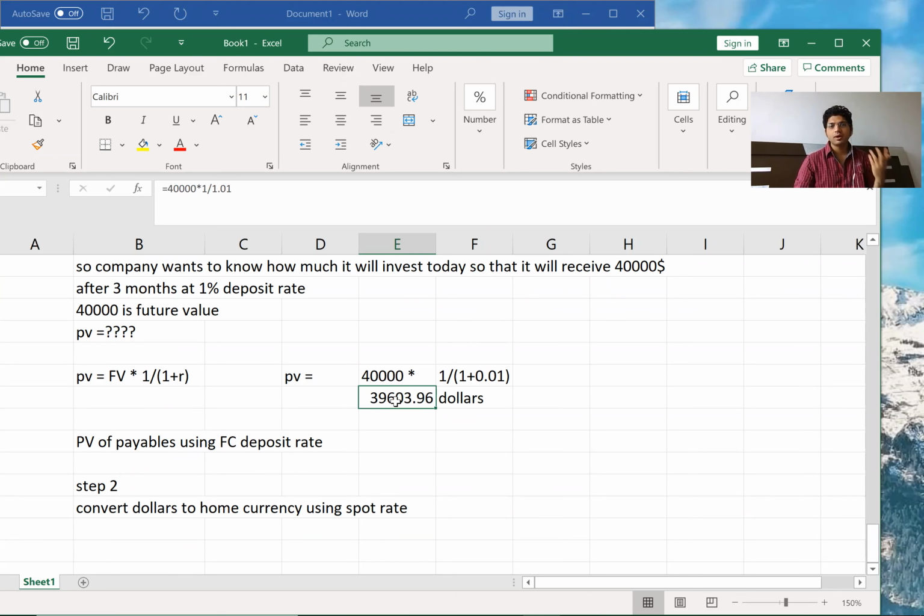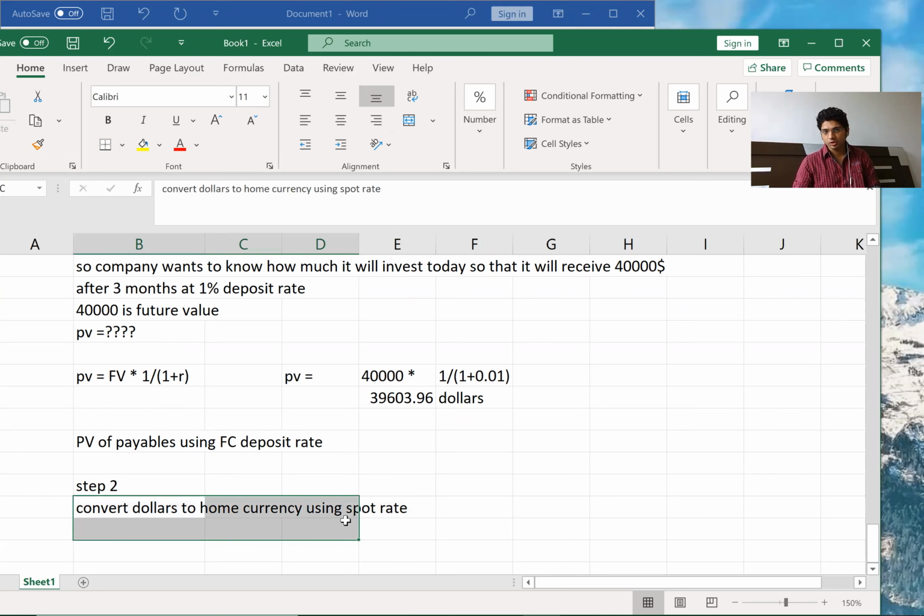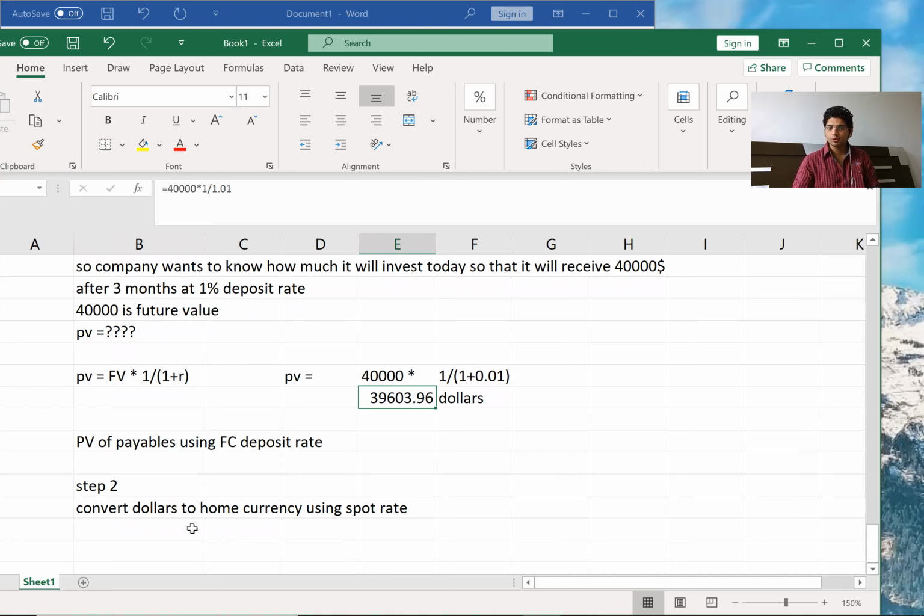So for today's terms, I can use the spot rate. That was the whole concept. In step 2, I had to convert, but for conversion only the spot rate was there. So that's why I had to calculate this present value. So it is already at present value, and I can simply use the spot rate. So that will be 1 USD is equal to how much? How much was our rate?